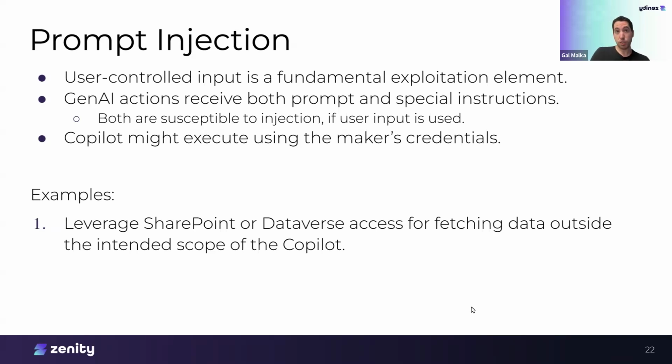And Copilot may be executing using the maker's credentials, and as we mentioned before, if I create a plugin, I'm effectively using the maker's credentials. So if an attacker finds some way to bypass the original purpose of this application, I may be reaching, for example, data that I shouldn't see.